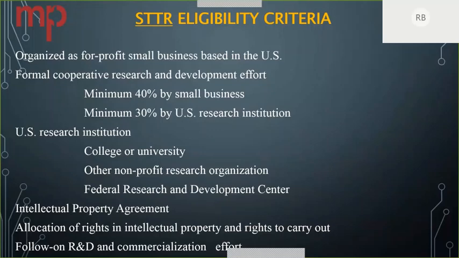There's got to be an intellectual property agreement, because if you're going to get something done through a lab, a nonprofit organization, they have to make a contribution. They're going to make a minimum of 30% contribution to your research that you're doing.